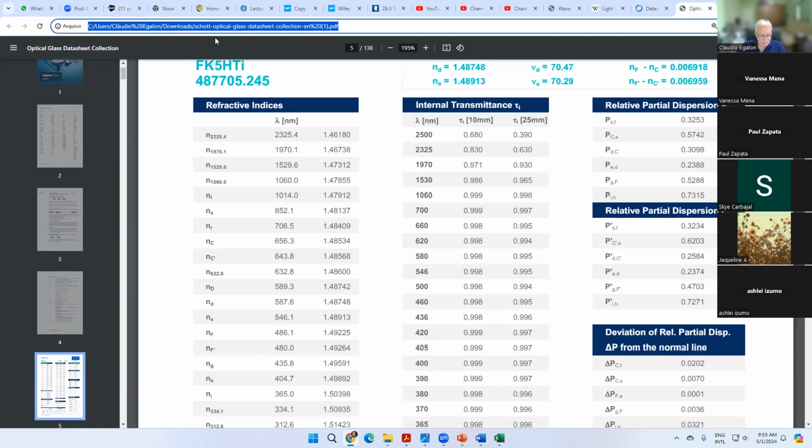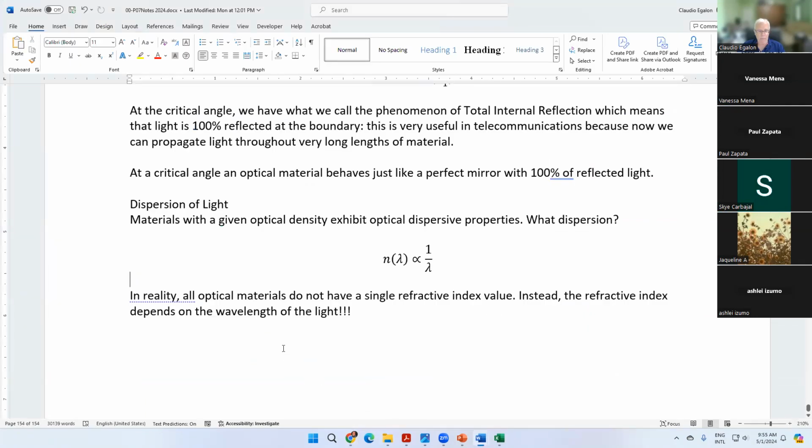I will place, look, for instance, at the dispersive measurements of different optical glasses in the SCHOTT glasses website.